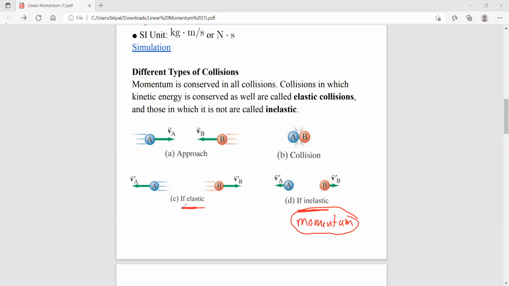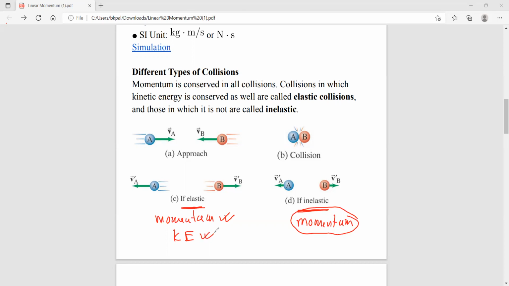But in elastic collision, momentum as well as kinetic energy is conserved. So when you solve a problem of elastic collision, you will have two equations. One is the conservation of momentum, another is the conservation of kinetic energy.